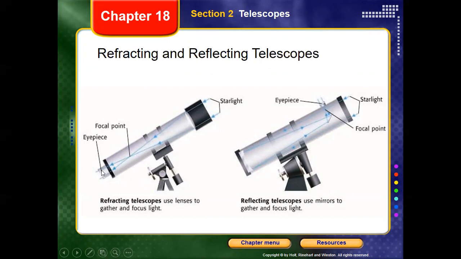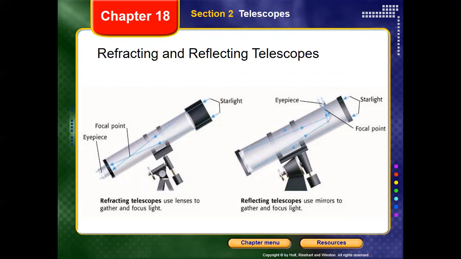Once it diverges again, here comes the role of the second lens, which is the eyepiece. The eyepiece allows the light rays to become parallel and focus to your eye, which looks from this side, so you can observe what's happening in space.